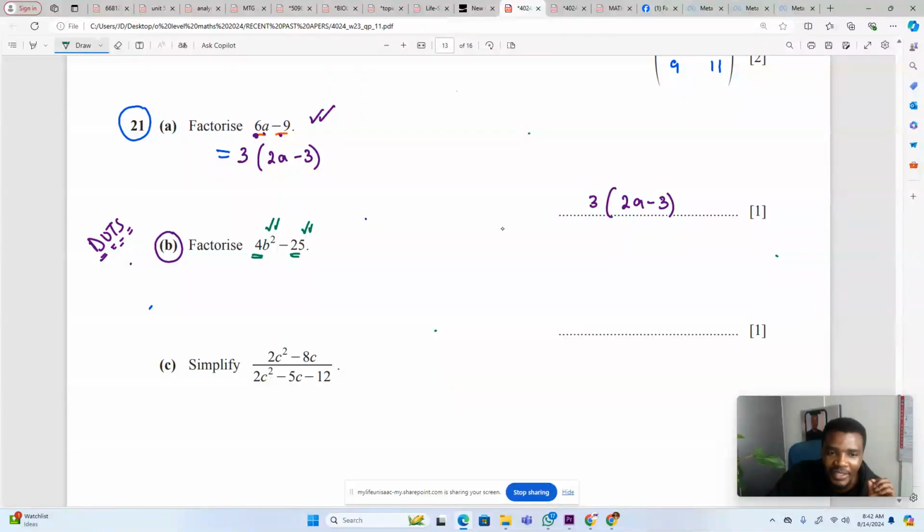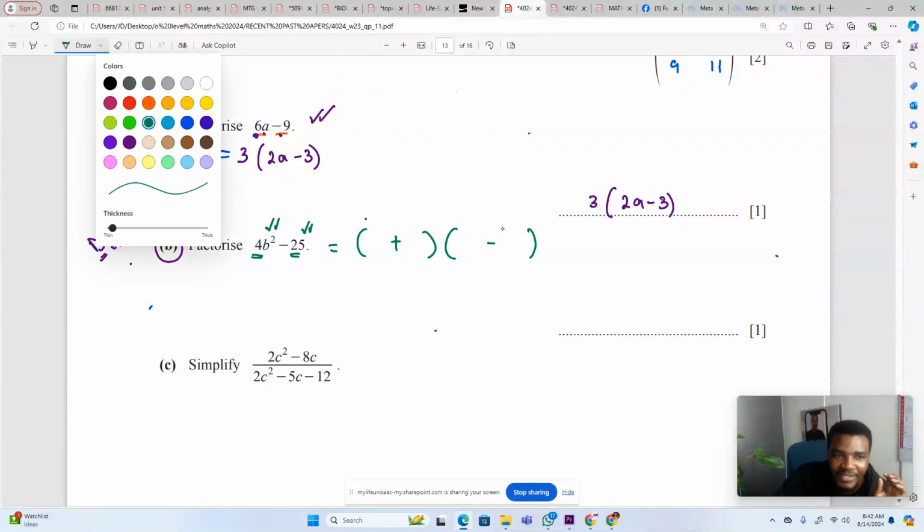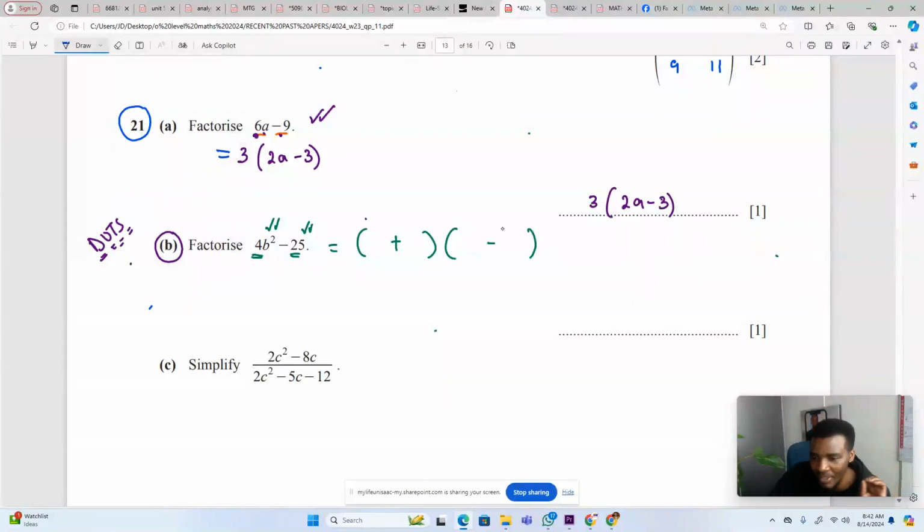We are going to open two brackets. In one we put a plus at the center, in the other we put a minus at the center. And then we ask ourselves two fundamental questions. Which number multiplied by itself gives 4b squared? That is 2b, because 2b times 2b gives 4b squared.